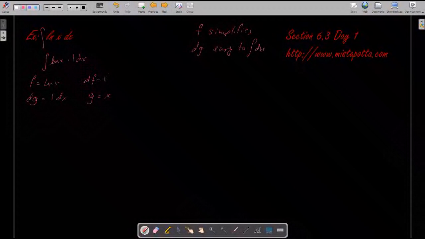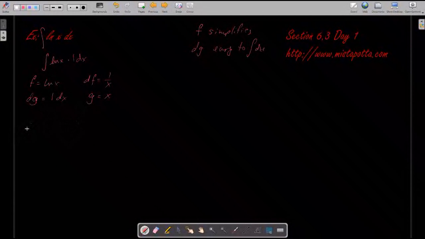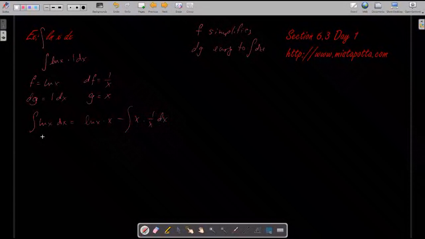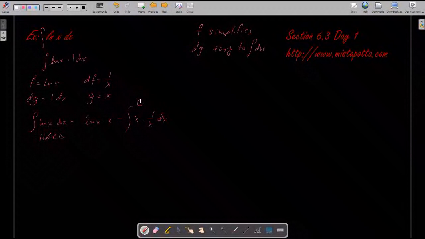And my integral of natural log of x dx ends up being f times g minus the integral of g df. And notice I go from having a hard integral to an integral that's easier, because this integral is just the integral of 1.